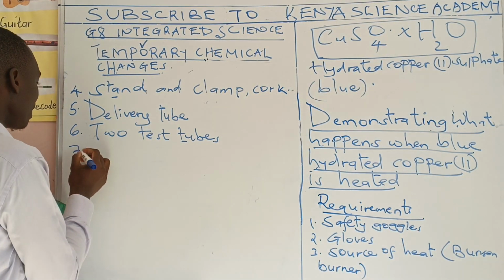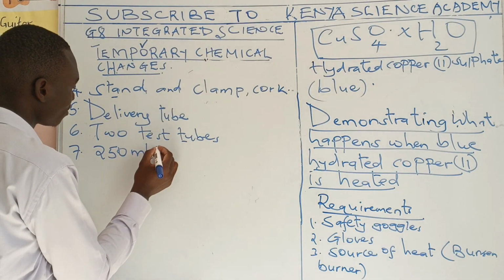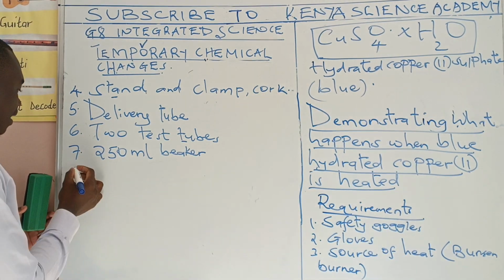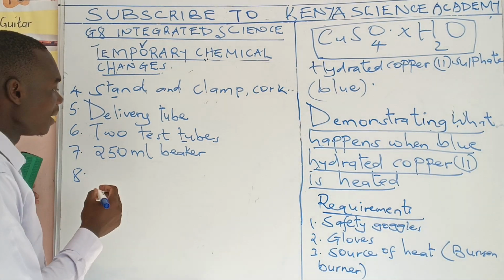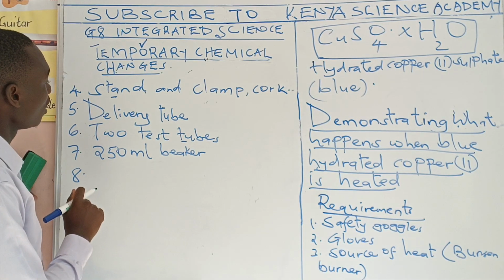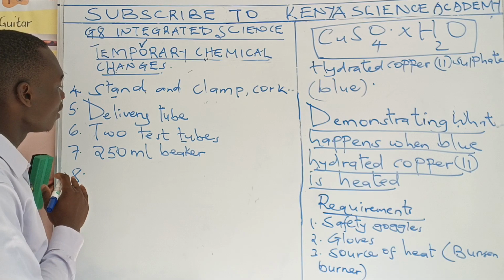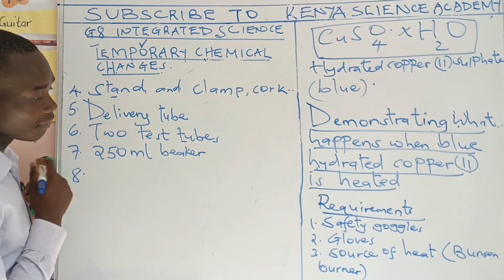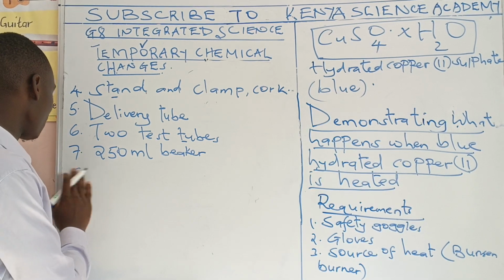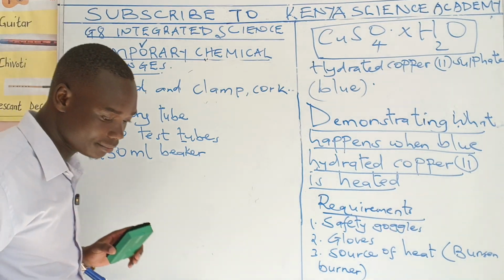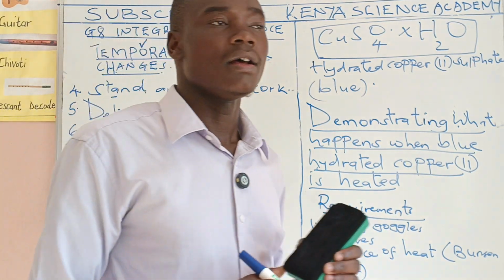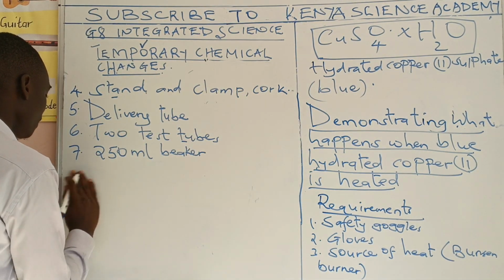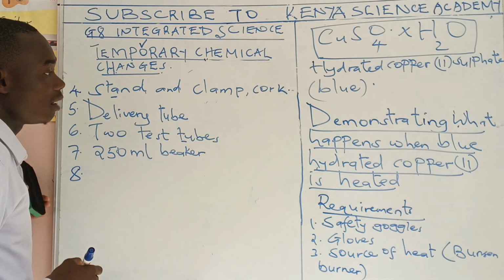And another thing, we are going to have a 250 ml beaker. For this experiment, we must have some water in the beaker. So we have a beaker, test tubes, delivery tube, and a source of heat. These are some of the requirements that we're going to have in this particular activity. And the reagent, which I was forgetting because that is the main activity.